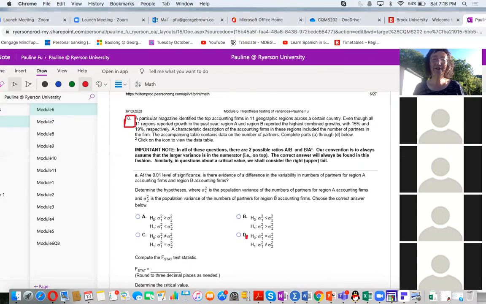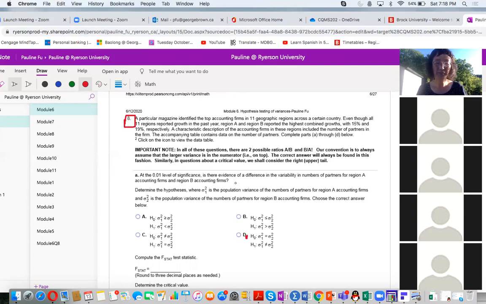Region A and Region B reported the highest combined growth with 15% and 19% respectively. A characteristic description of the accounting firms in these regions included the number of partners in the firm. The accompanying table contains data on the number of partners, complete A to D.